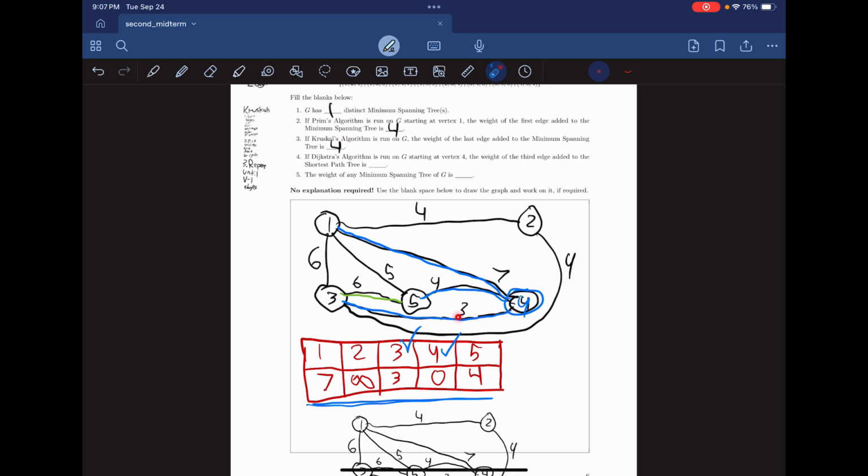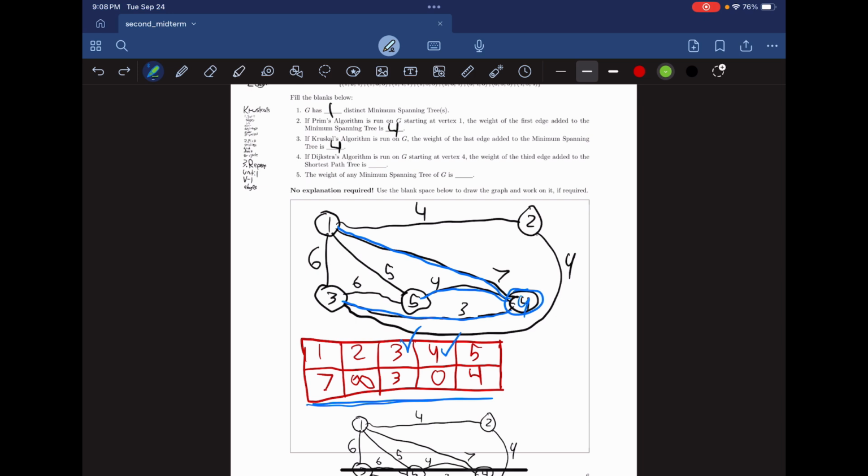And so we're comparing 6 plus 3 to what the current value was in the table of 4. The current value of 4 is less than 6 plus 3. 4 is less than 9. And so the previous edge that we had there is better than adding this edge in. So we're not going to add that edge.